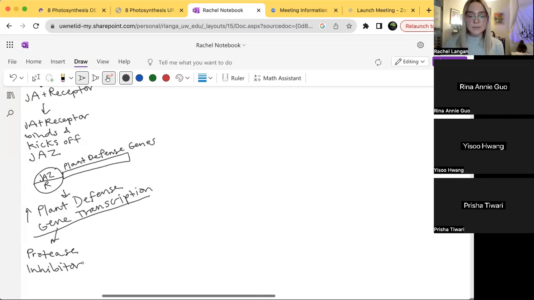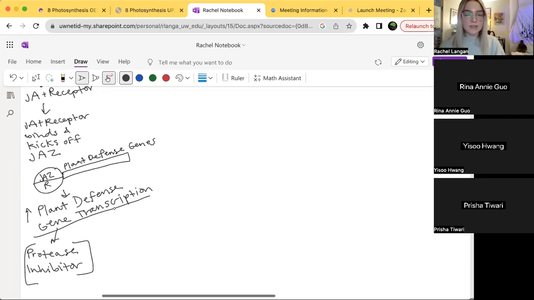Well, what does that do? Proteases are really important to herbivore digestion. Proteases are how herbivores digest proteins. And if you inhibit their proteases, they can't digest proteins. So this is really bad for the herbivore. And for bugs, it's going to kill them. If they can't digest proteins, they're going to die. So this is a pretty good defense for the plant.